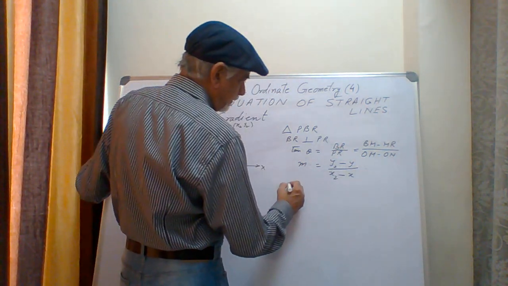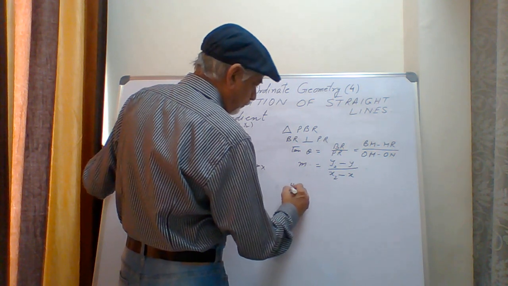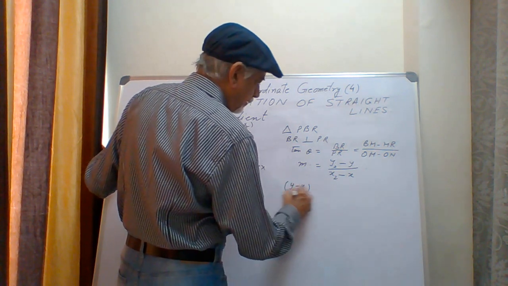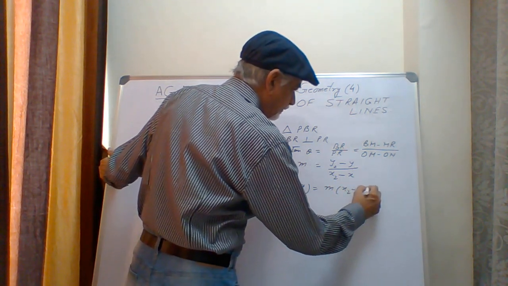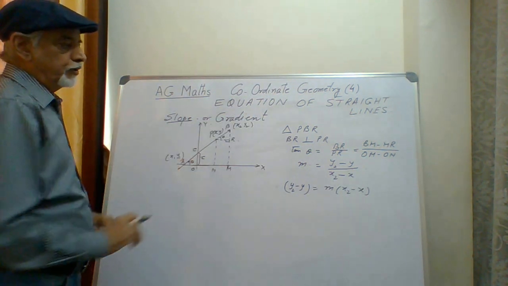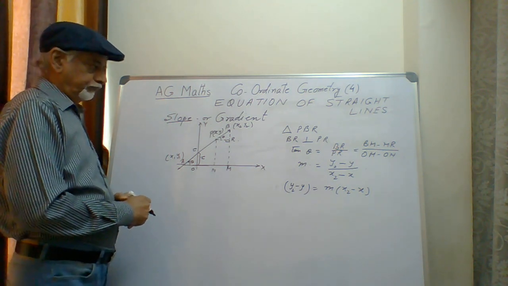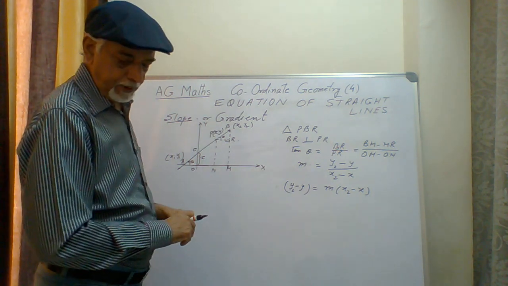Now we can say that y2 minus y is equal to m into (x2 minus x). So this is the form of the line, right?